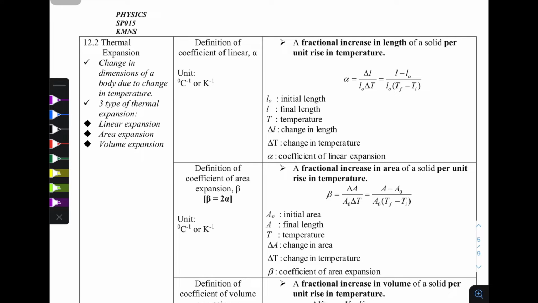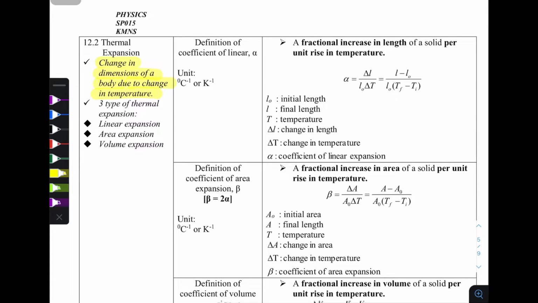So, for thermal expansion, we have the change in dimension of a body due to change in temperature. Okey, kita ada perubahan dari segi dimensi bagi sesuatu jasad yang disebabkan oleh perubahan dalam suhu.